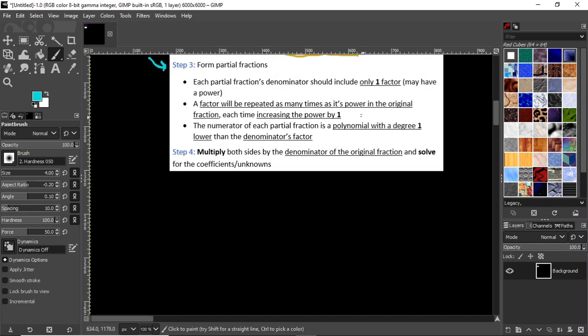So, and there are some rules for this. Each partial fraction's denominator should include only one factor, okay, which may actually, I think an example would work best to illustrate this.